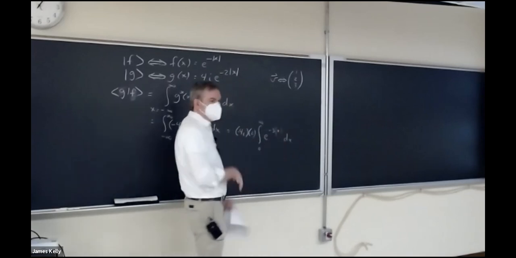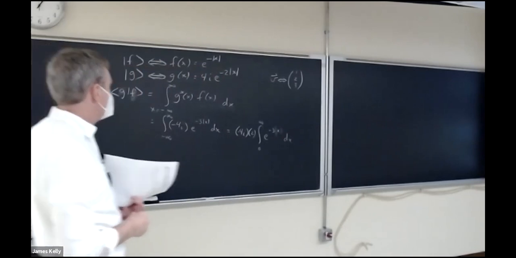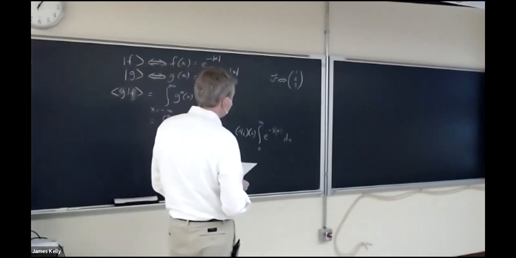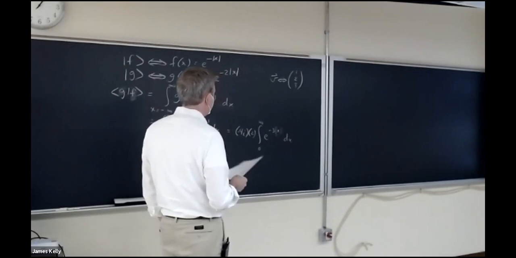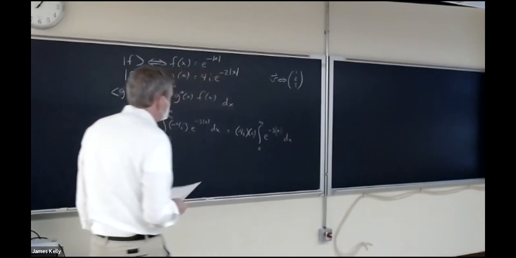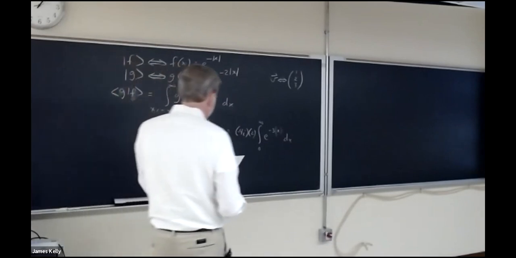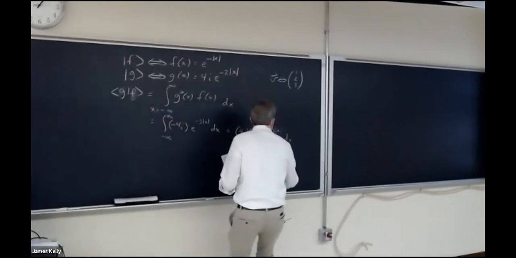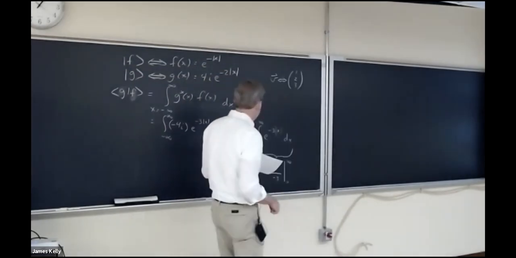And then I can just go back to our good old calculus stuff, right? I know how to integrate e to the minus 3x. The antiderivative is e to the minus 3x over minus 3. And so therefore I can write this as e to the minus 3x over minus 3 evaluated between 0 and infinity.